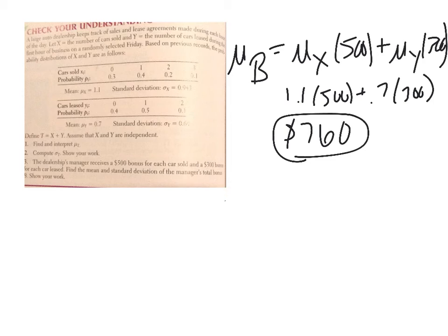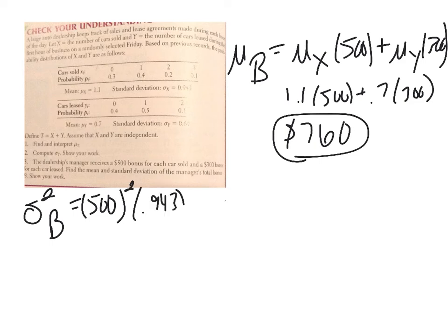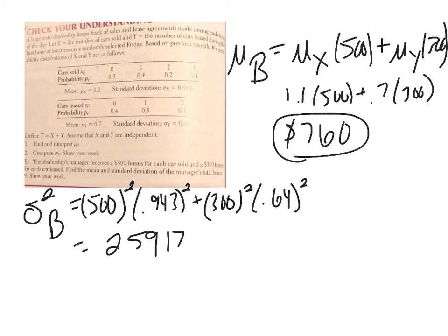To calculate the variance of B, I need to square the constant multiplied by the square of the standard deviation, and then add that to the constant squared for leasing times the standard deviation of leasing squared, which is going to give me $259,176.25.